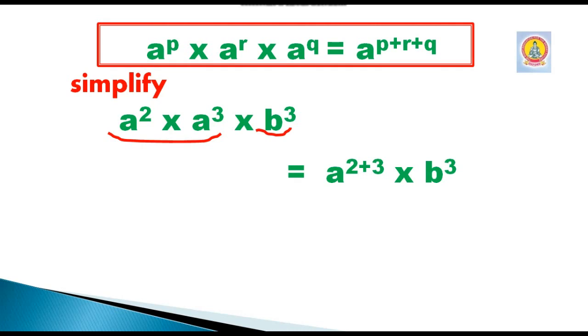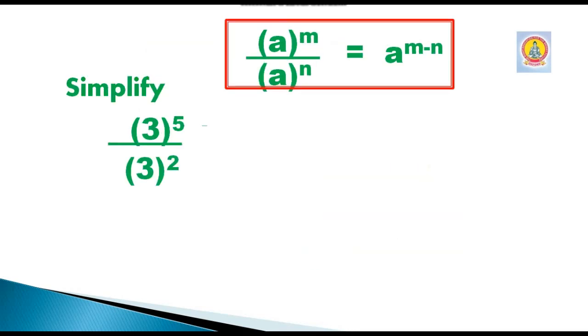Therefore, here we get a square into a cube into b cube is equal to a power 2 plus 3 into b cube, which is equal to a power 5 into b cube, which is a power 5 b cube.